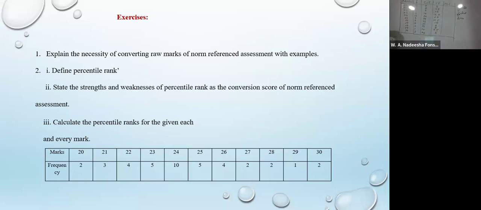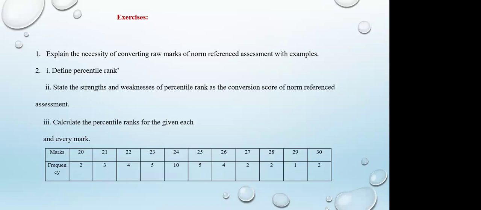Then percentage cumulative frequency. Again, we have to start from here. 5, 12.5, 22.5, 35.